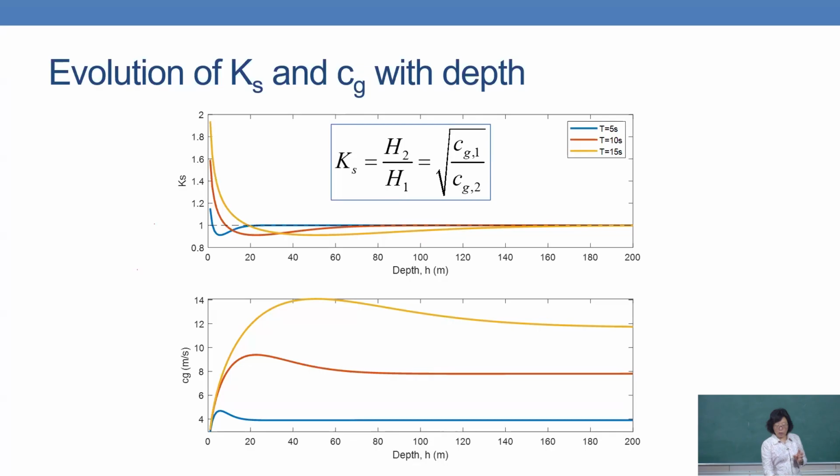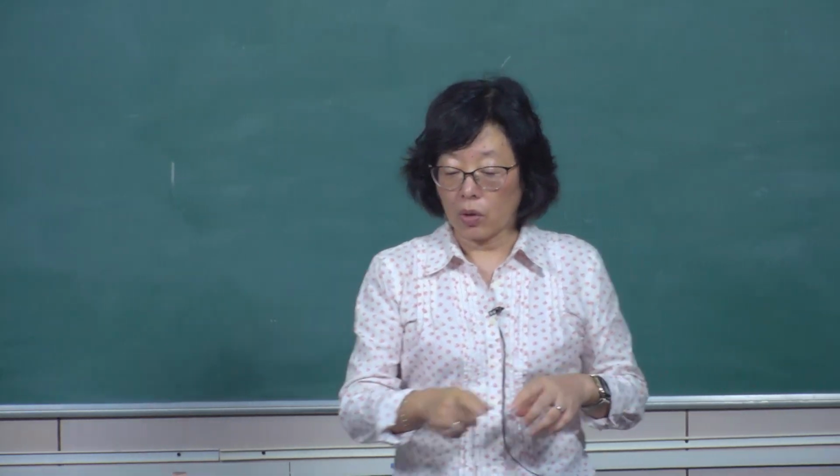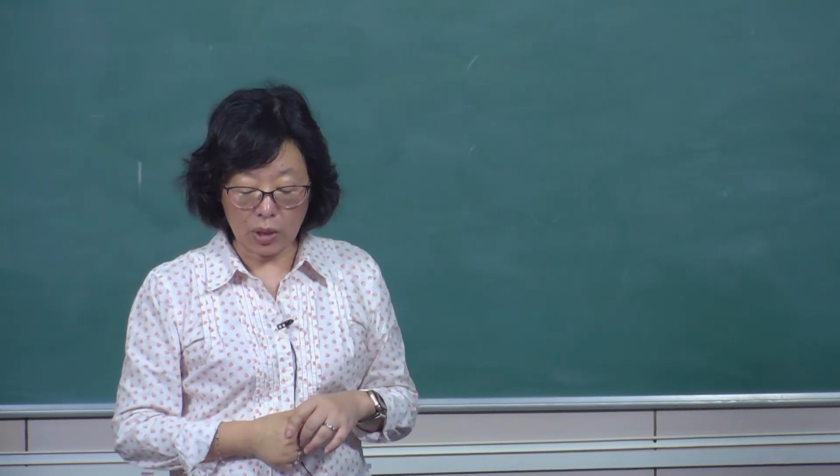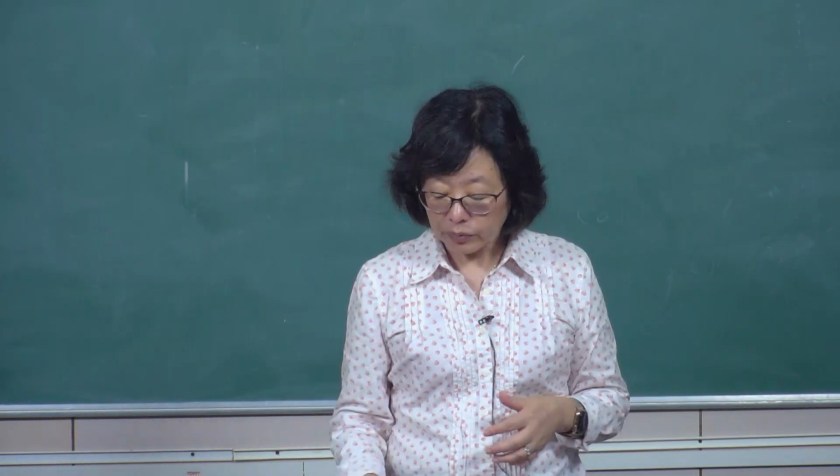But in the transition area, some values are less than 1 and some are greater than 1. So at some locations the wave height is higher and at some it is lower, with the energy change. That is because of the group velocity variation.